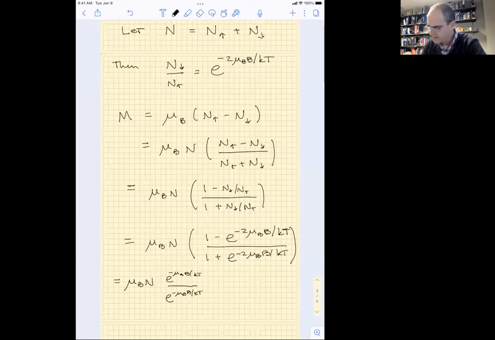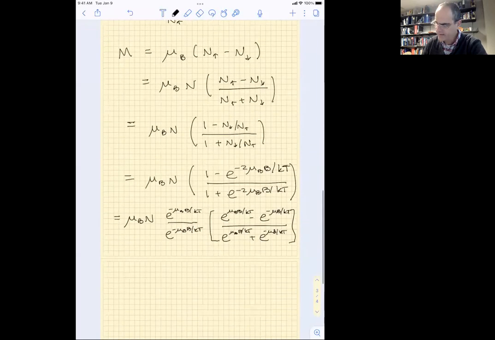So of course that's just multiplying by 1. But then what's left will be e to the plus mu B over kT minus e to the minus mu B over kT. And the denominator will have e to the mu B over kT plus e to the minus mu B over kT.